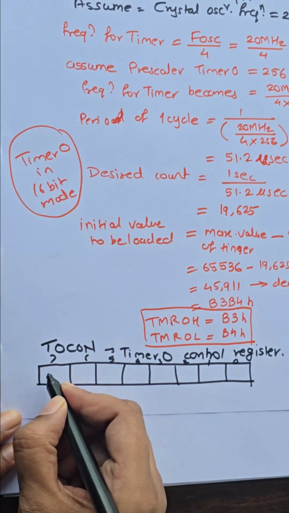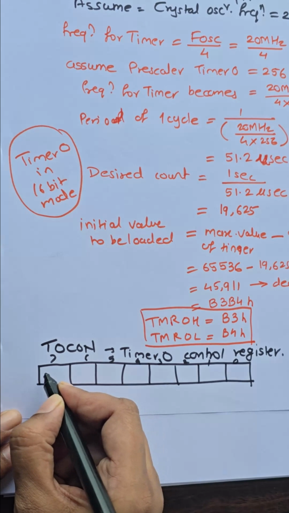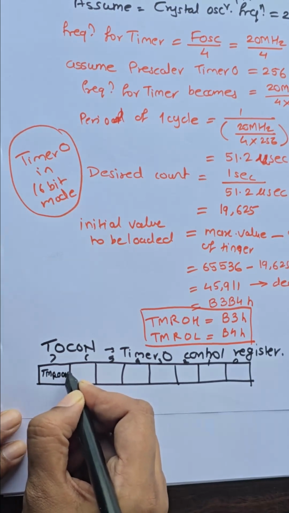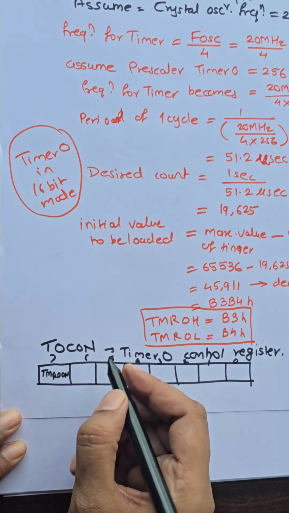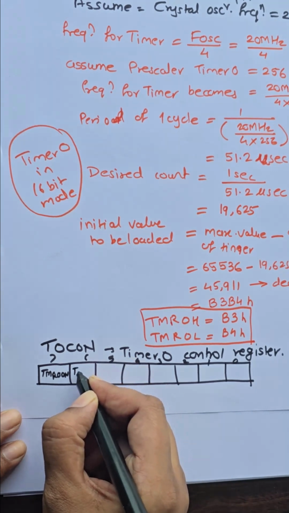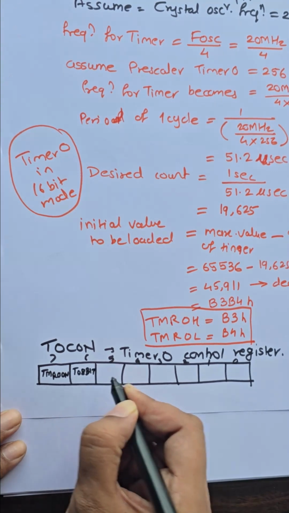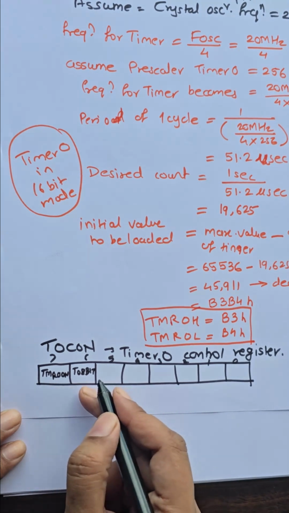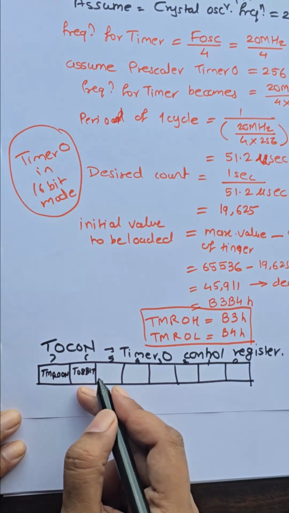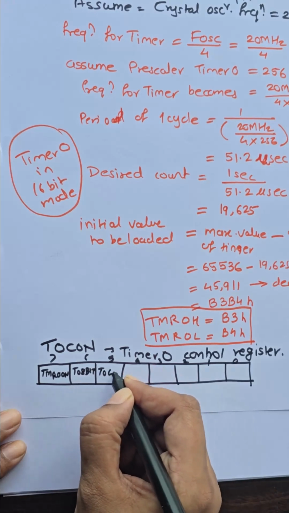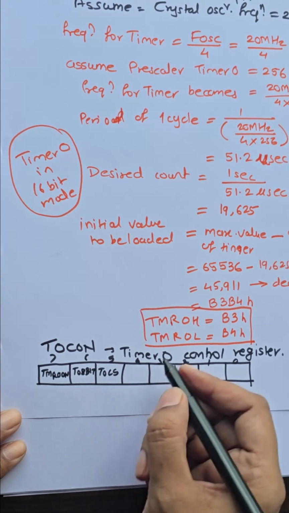Bit number 7 is TMR0ON, and bit number 6 is T08BIT. TMR0ON is to start or stop the timer. T08BIT decides whether to operate in 8-bit mode or 16-bit mode. Next, T0CS decides the clock source.